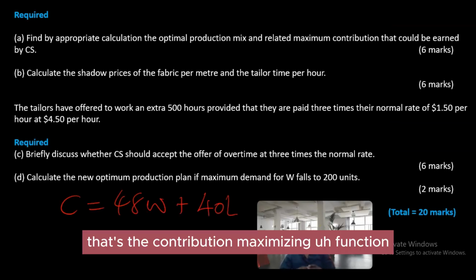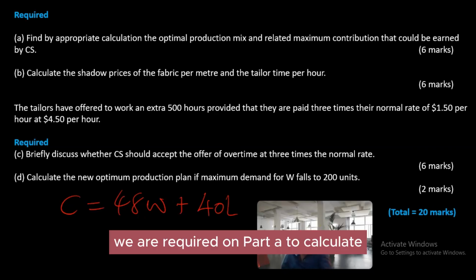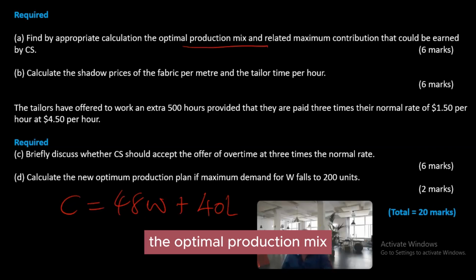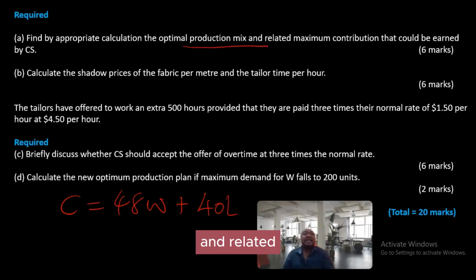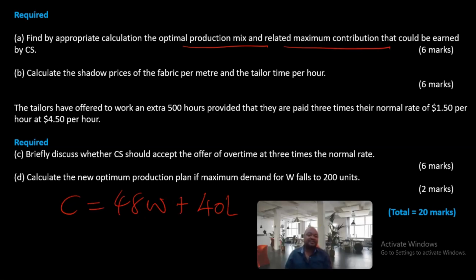That's the contribution maximizing function. Now we are required on part A to calculate the optimal production mix and related maximum contribution that could be earned by CS.